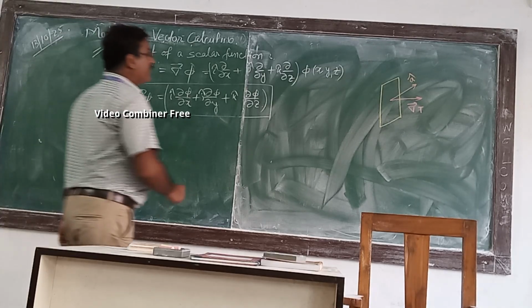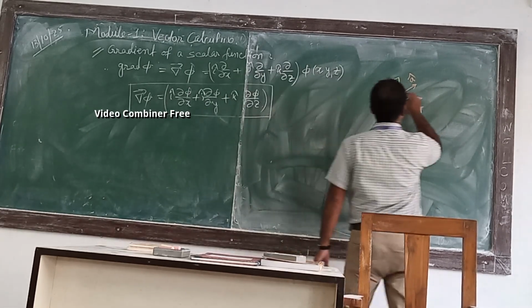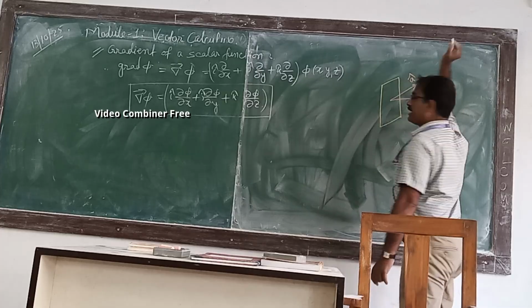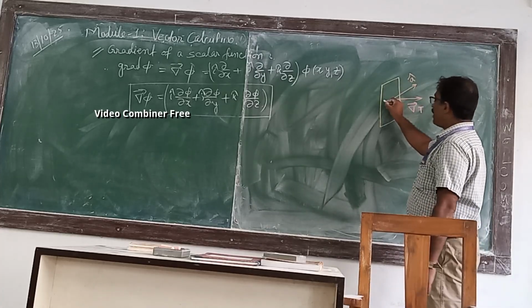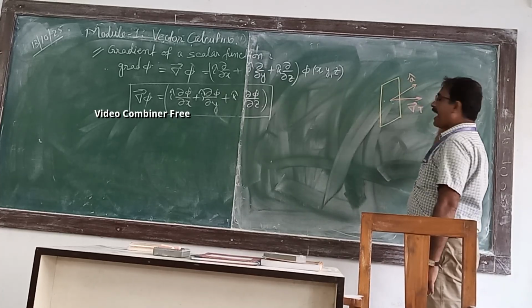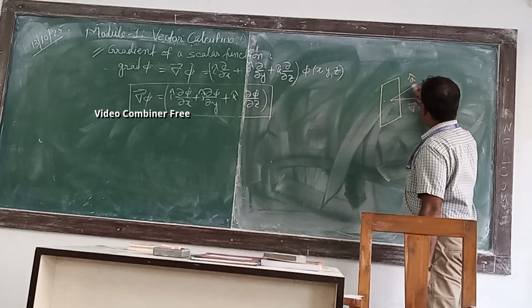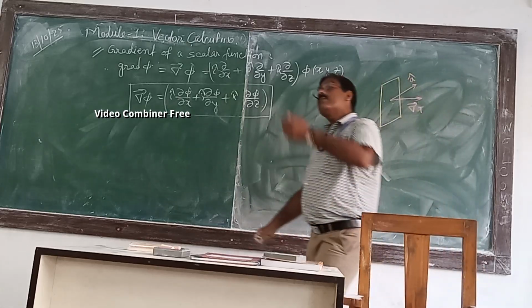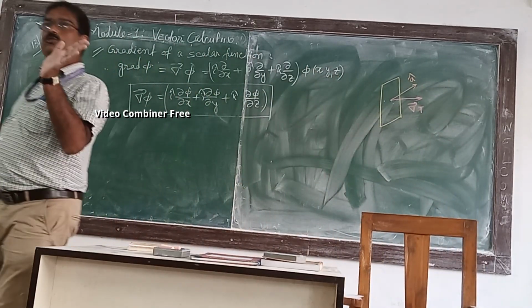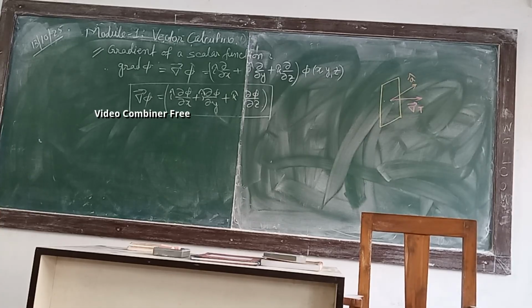If you want to take the gradient of temperature along this direction, it is the normal on the surface. So this is the grad T. Now, if you want to take the component of grad T along an arbitrary direction, not perpendicular to the surface, then we have to take the unit vector along this direction.